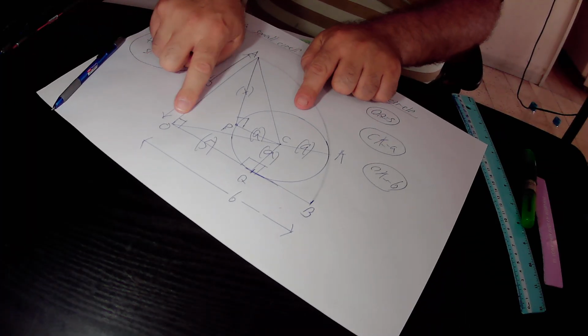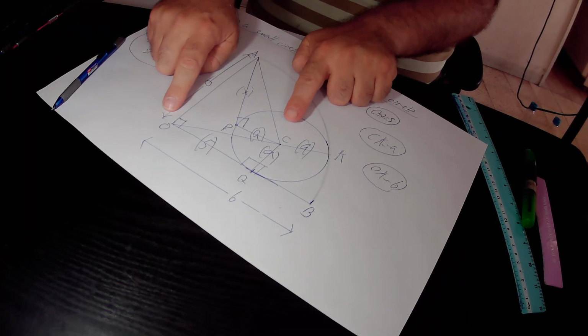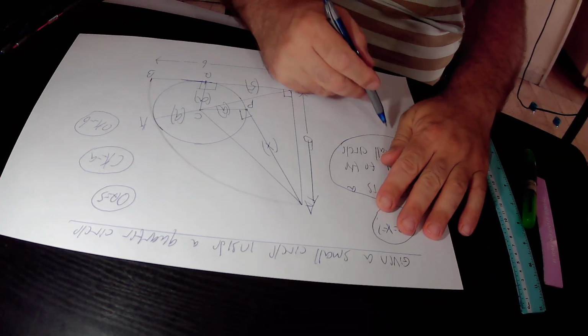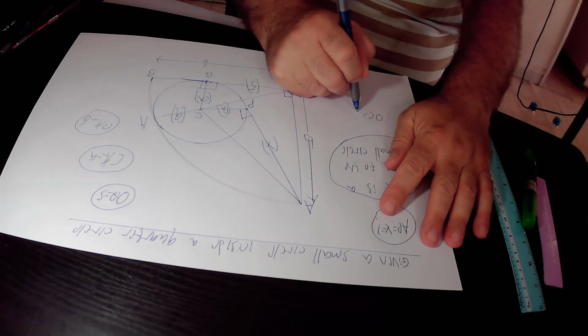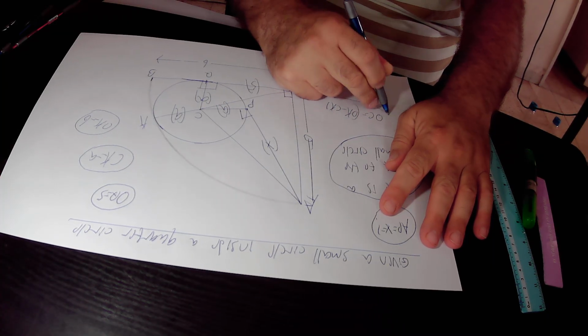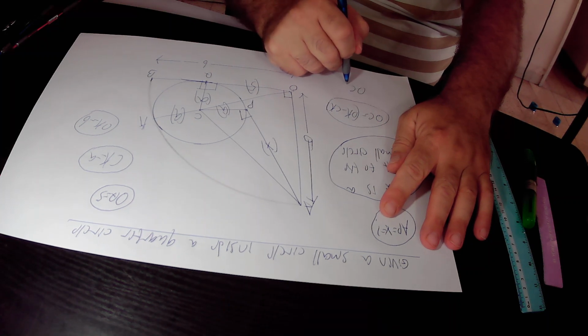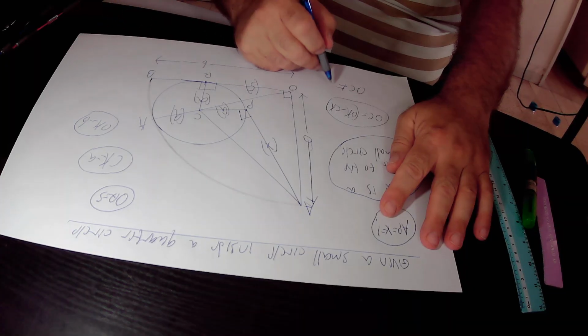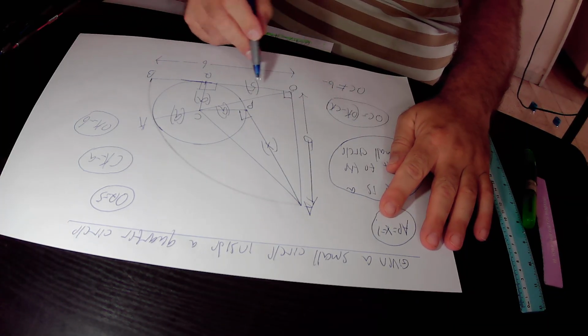OC equals OK minus CK. Again, OC equals OK minus CK. So I write it down. OC equals OK minus CK. So in total, OC equals OK is B, this is the radius of the quarter circle, that is B, minus CK.